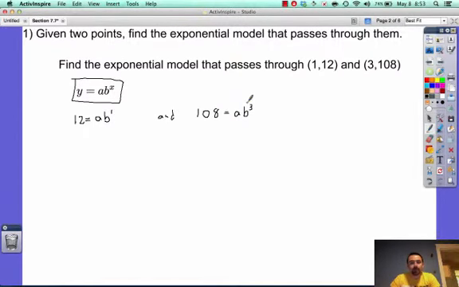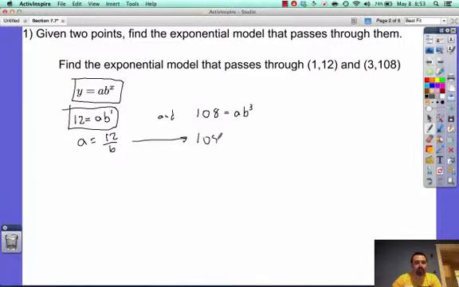Now in both these situations, I can actually solve for a. I'm going to solve for a here. a times b equals 12, which means that a equals 12 over b. Now I'm going to use this to substitute back into the other equation.